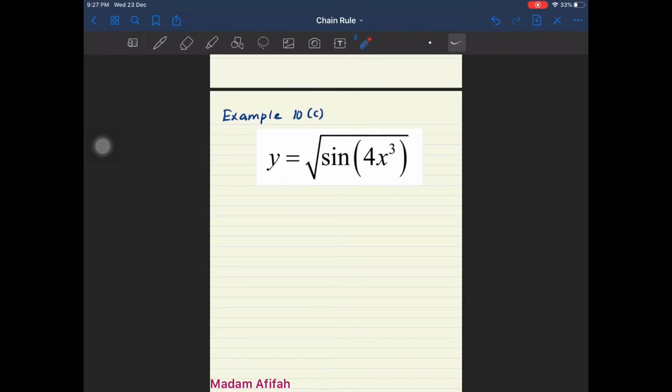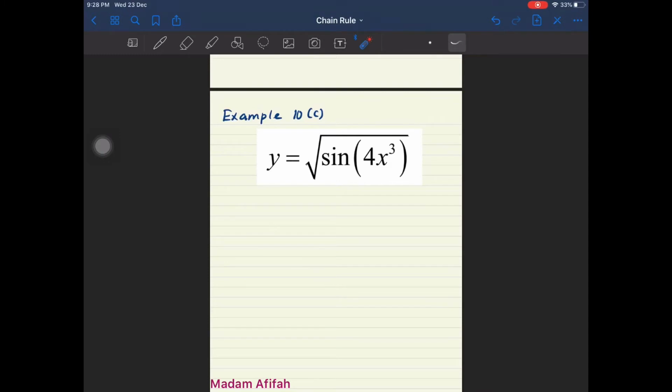What is your u? When we are going to choose our u, we go for the deeper function. A hint here: when you choose your u, it should make it easier to differentiate.